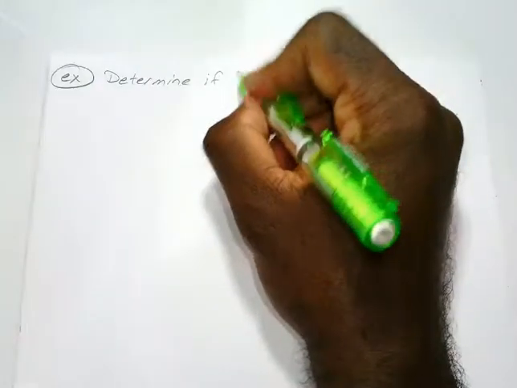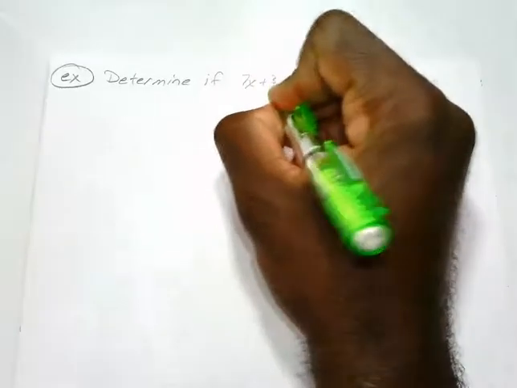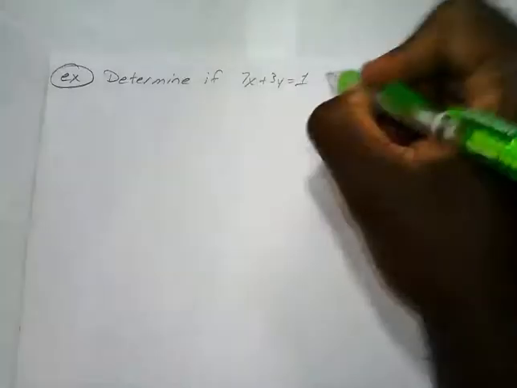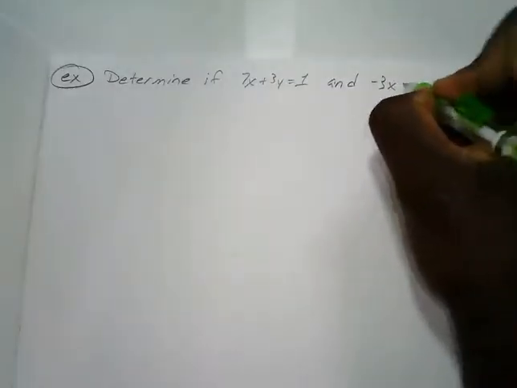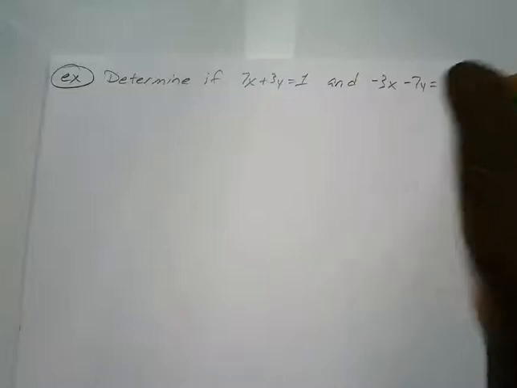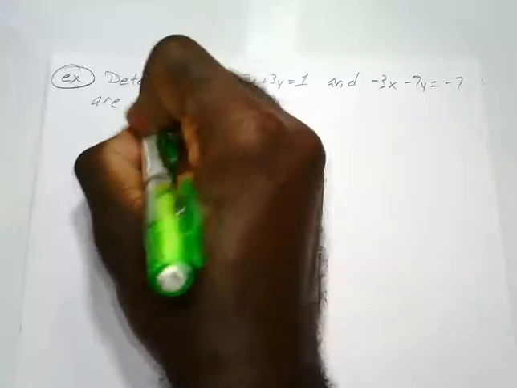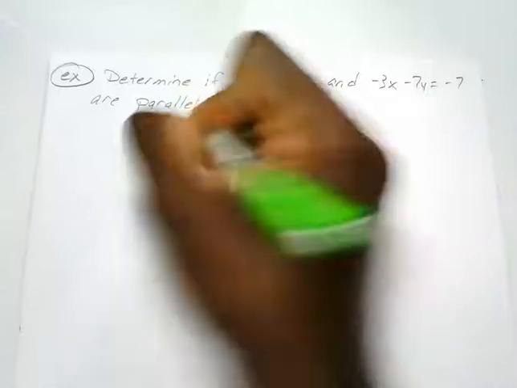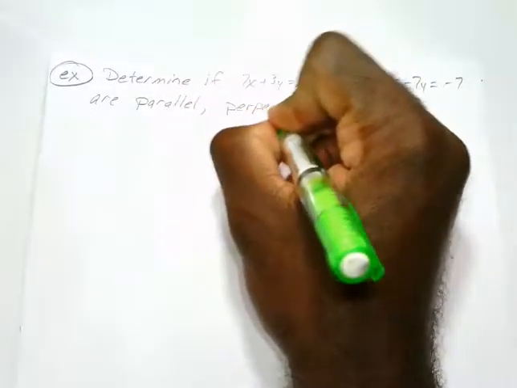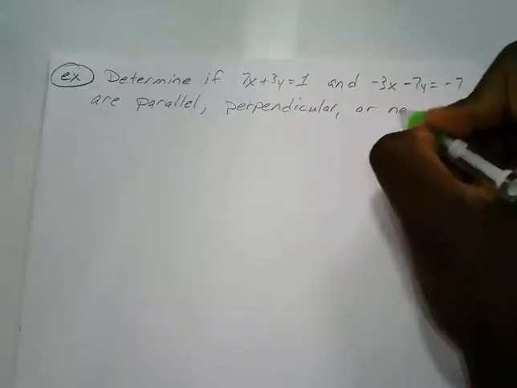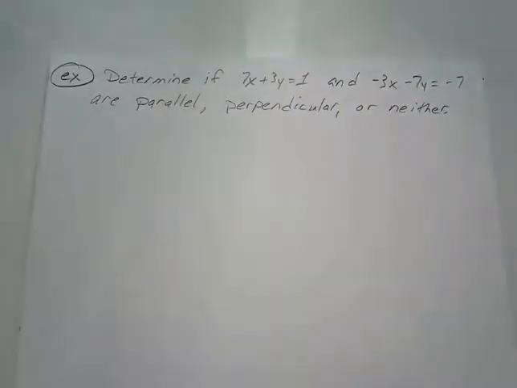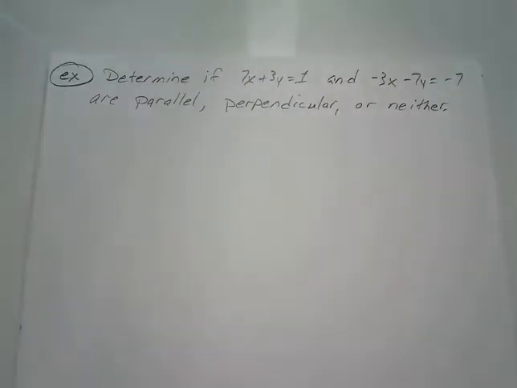Determine if 7x plus 3y equals 1 and negative 3x minus 7y equals negative 7 are parallel, perpendicular, or neither. Because it is possible to not be parallel or perpendicular.